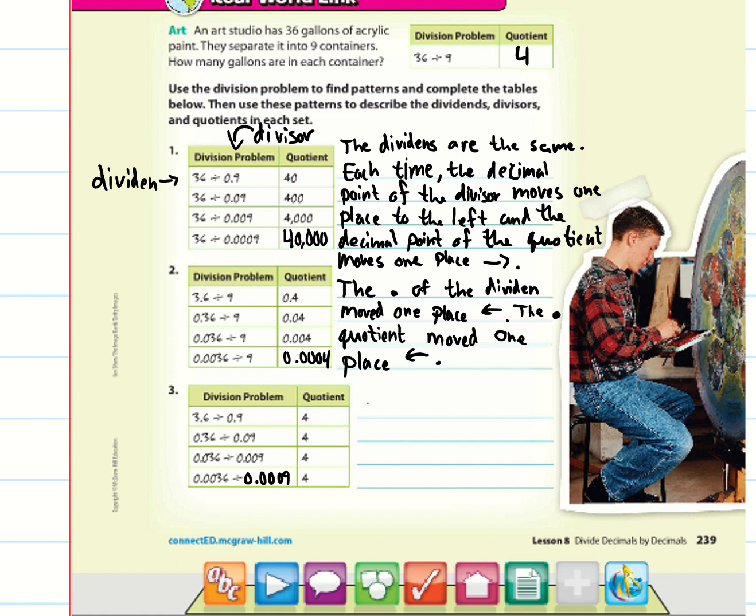So in this case, the decimal point of the divisor and dividend moved one place to the left. The quotient remained the same.